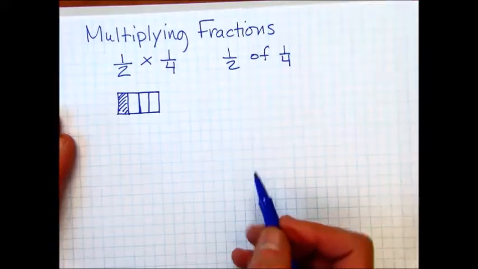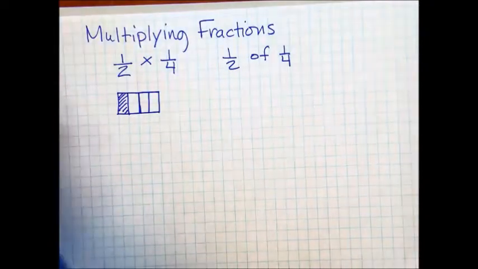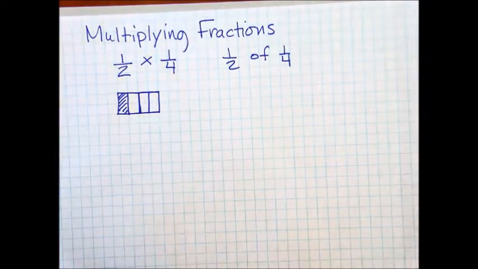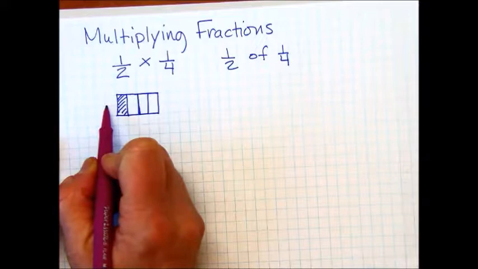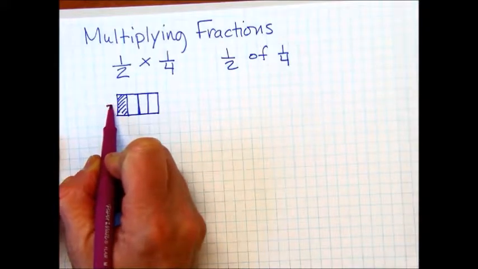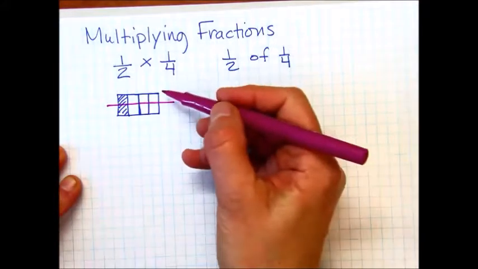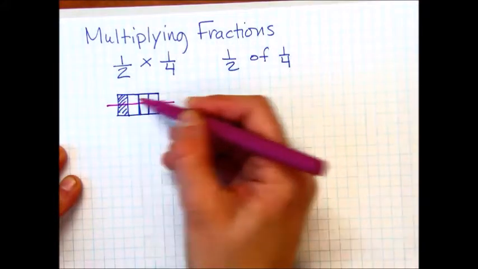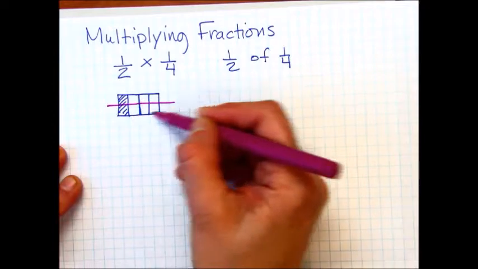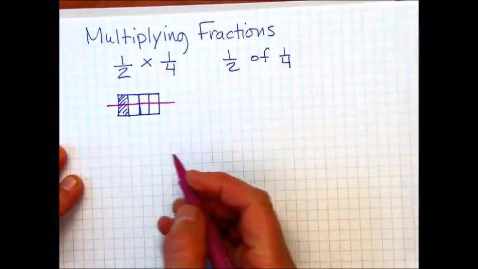Okay? Now, I want to take 1/2 of that 1/4. So what I'm going to do is draw a line through my bar. Okay? So the top half of the bar represents 1/2 of the whole bar. Okay?